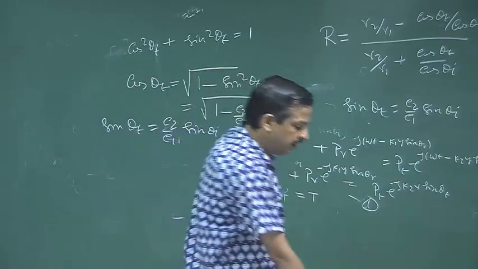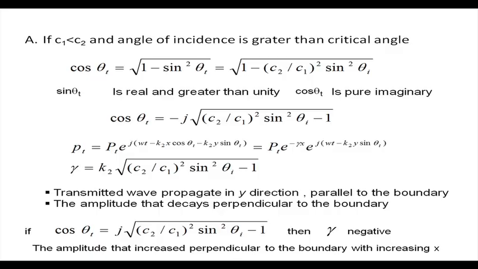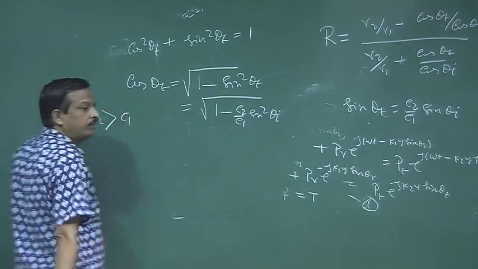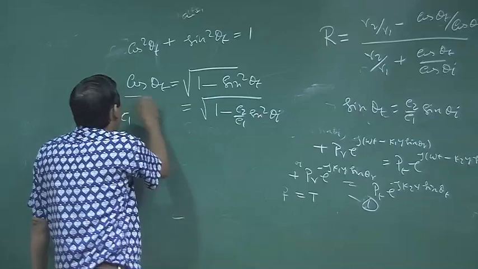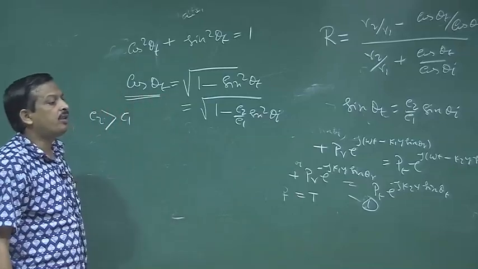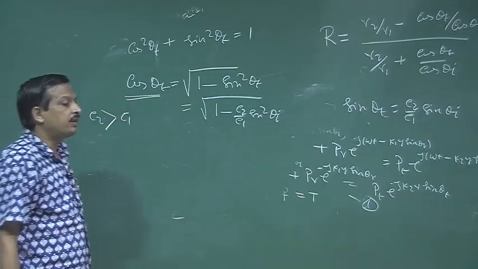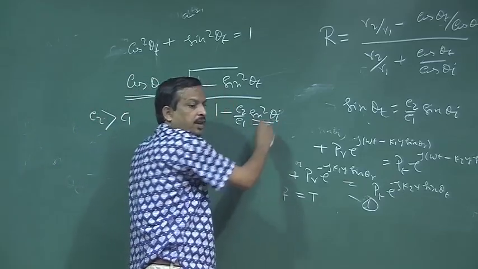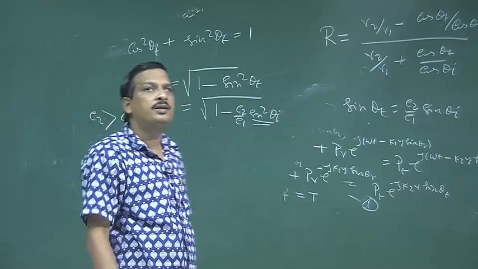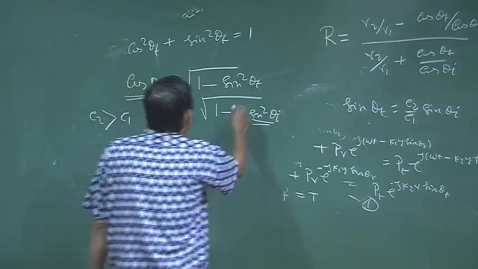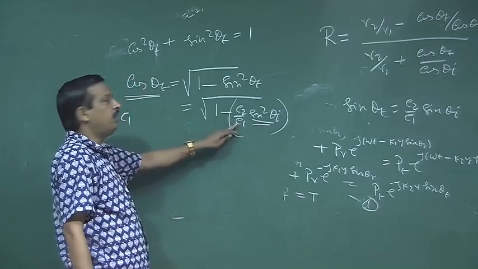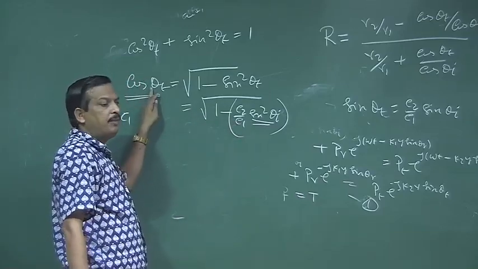Now, if C2 is greater than C1, then sin theta I is real, and cos theta t can become purely imaginary. If the product of this thing is greater than 1, then this cos theta t becomes imaginary.